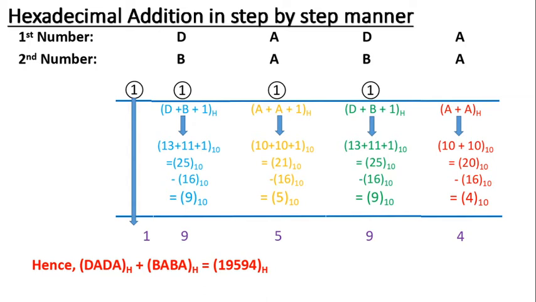Okay, step by step it has been explained here. Initially we start from the LSB on the extreme right. The corresponding hexadecimal digits are added together in the hexadecimal system itself. Then those hexadecimal components are converted to decimal intermediately. Whatever intermediate decimal sum is generated for that digit will be checked whether it is 16 or more than 16.